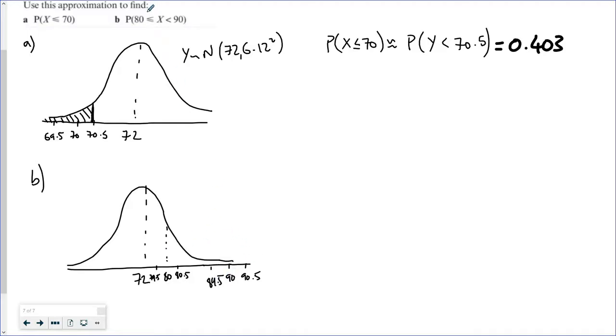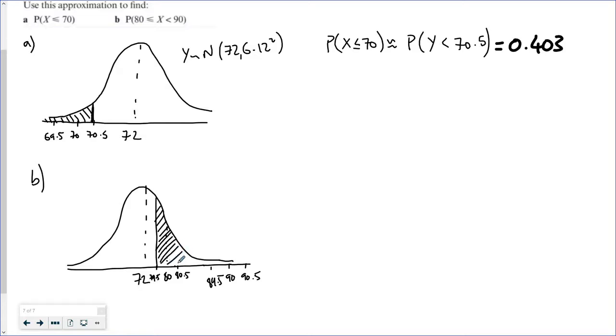Now we want to include 80 because x is greater than or equal to 80, but not include 90. So to include the 80, we're going to have to start at 79.5 because the whole of the 80 bar would have been occupied by 79.5 to 80.5.